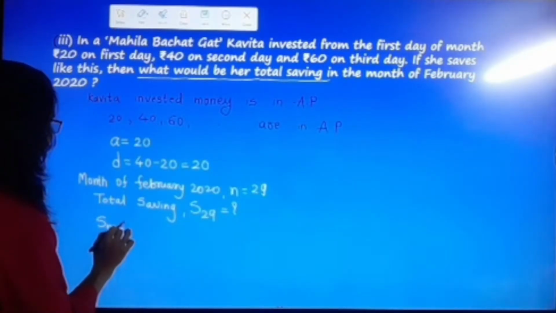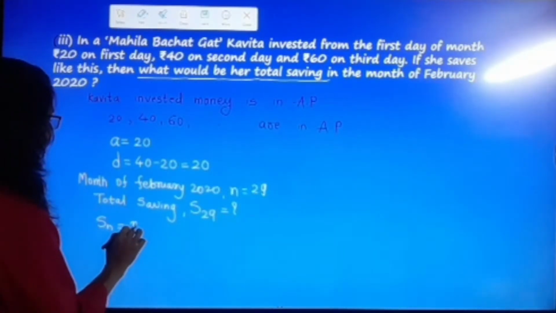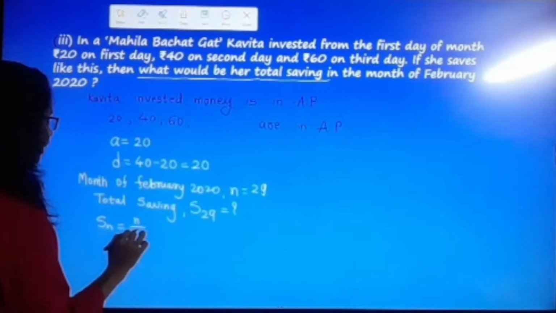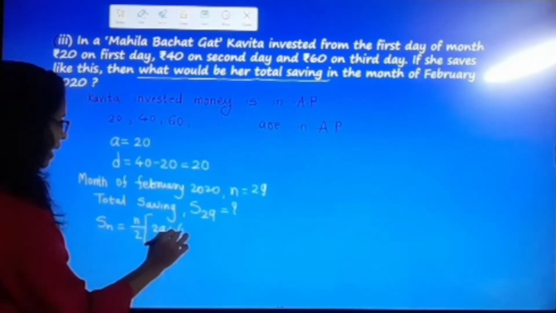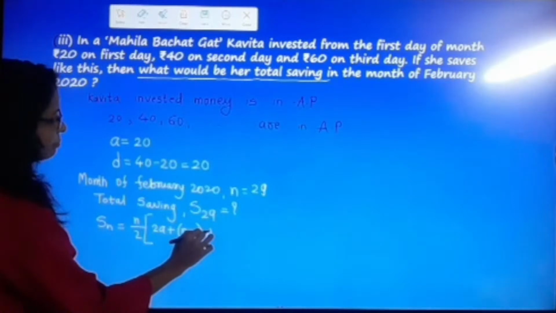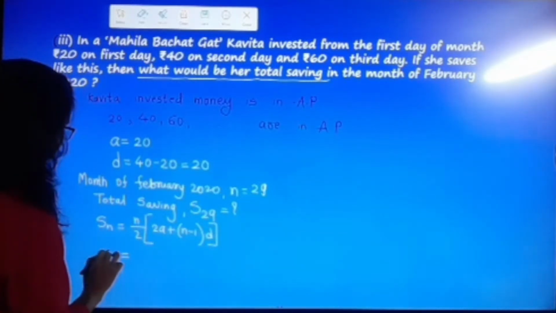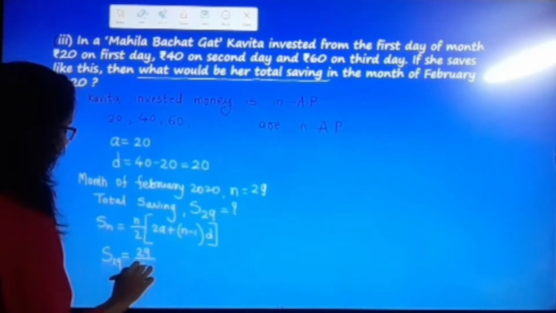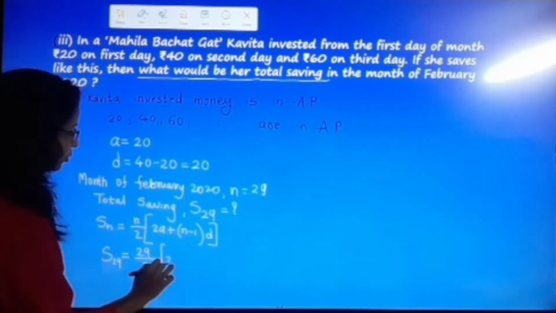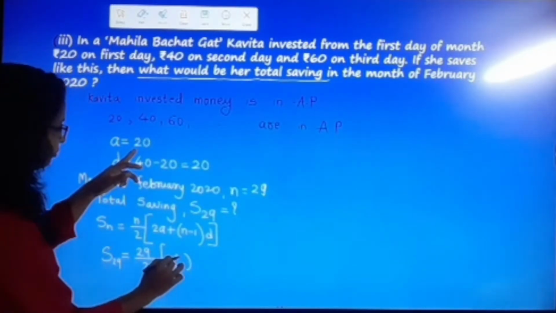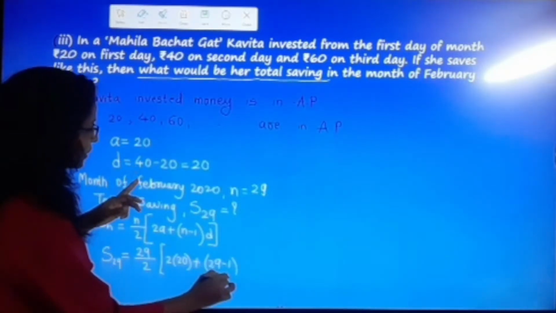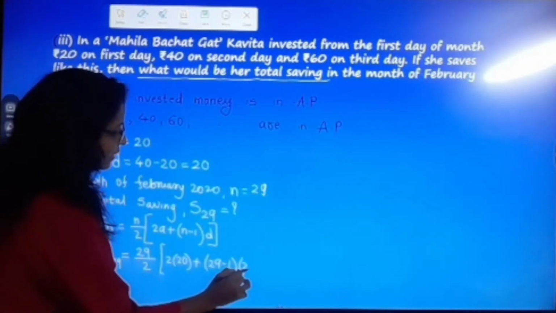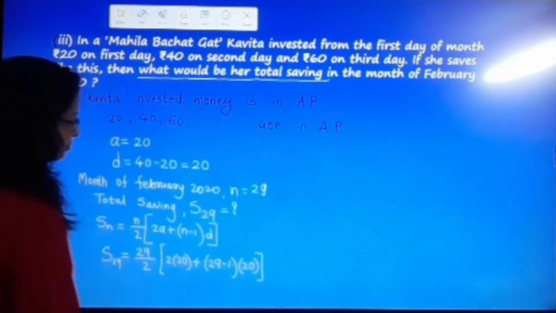SN is equal to n upon 2 multiplied by 2a plus n minus 1 multiply d, which is S29 equal to 29 upon 2 multiplied by 2 multiplied by 20 plus 29 minus 1 multiply d, that will be 20, bracket completed.